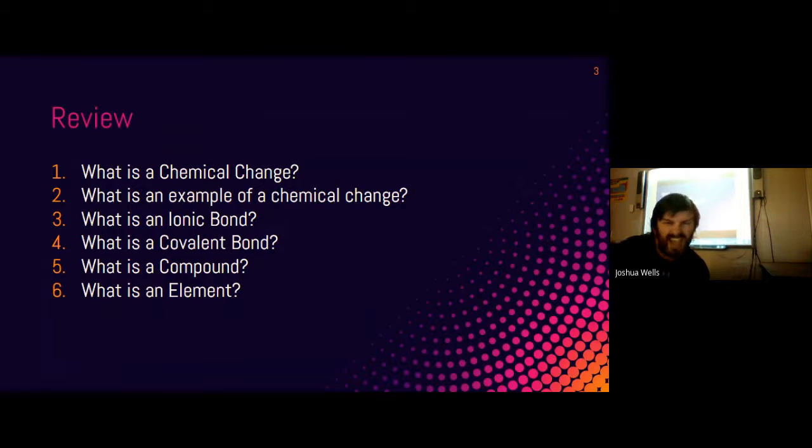So what exactly is a chemical change? Because that's what chemical reactions are all about, is causing chemical change. A chemical change is simply when a chemical or a substance is forever changed into something new.